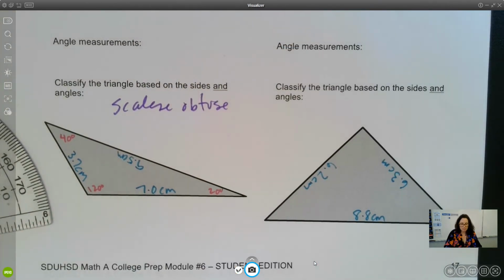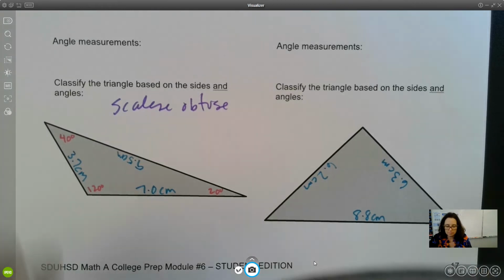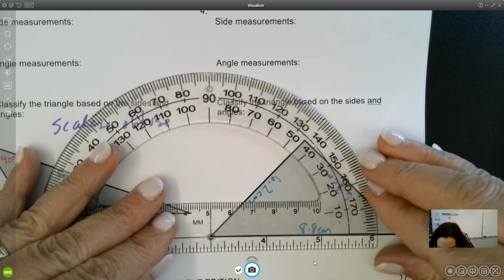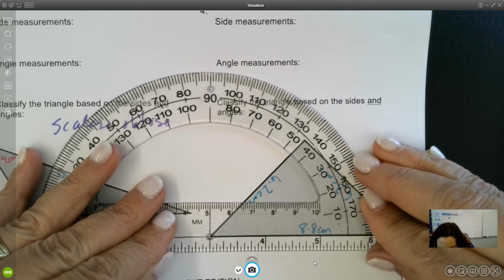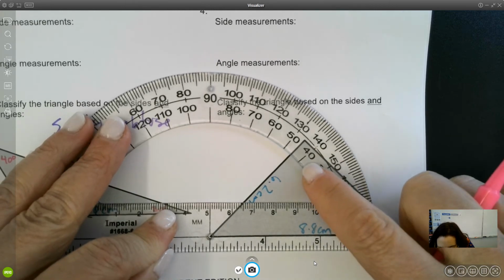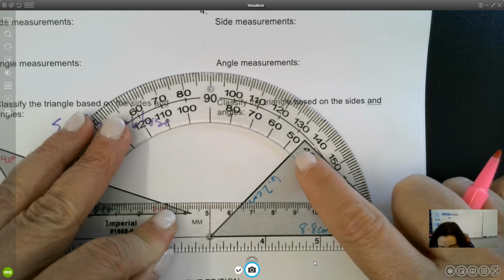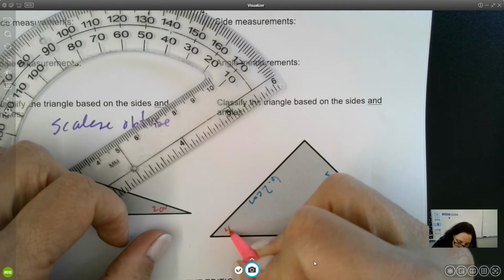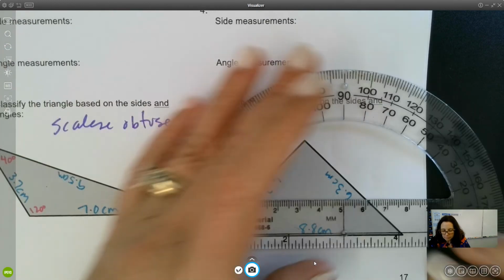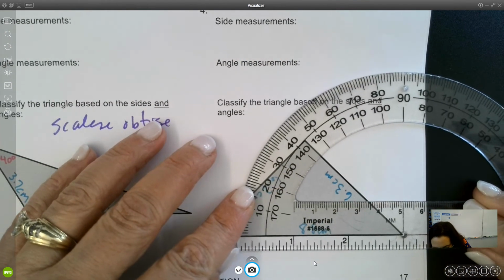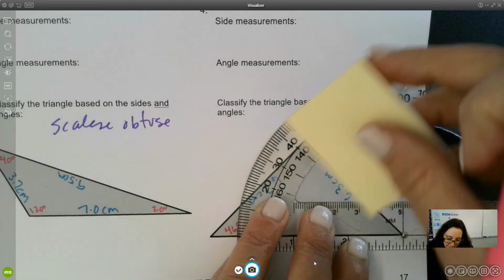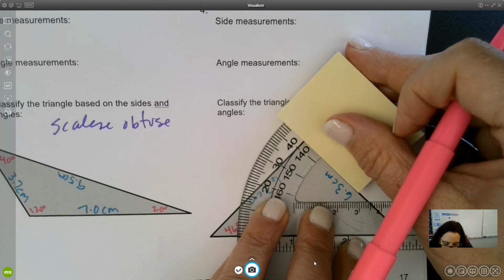Okay, let me get the angles of this guy. I'm seeing 45, maybe 46. This guy over here, pretty much 45.